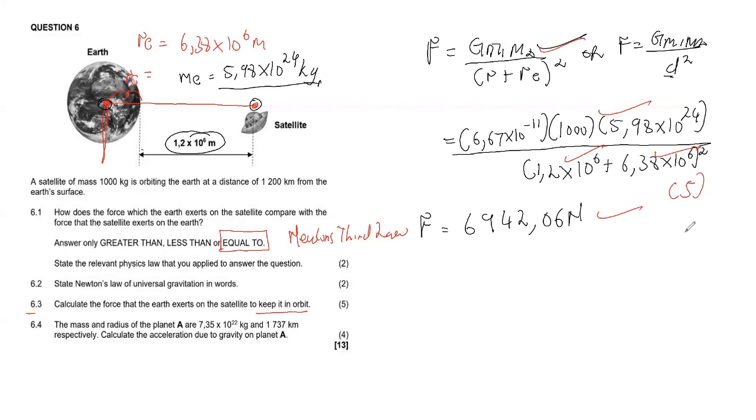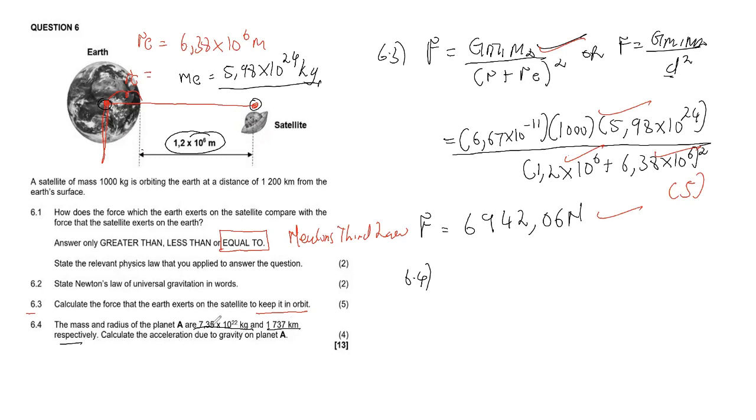Okay, now let's look at 6.4. So this was 6.3. Now let's look at 6.4. It says the mass and radius of planet A are 7.35 times 10 to the exponent of 22 kg and 1,737 kilometers respectively.